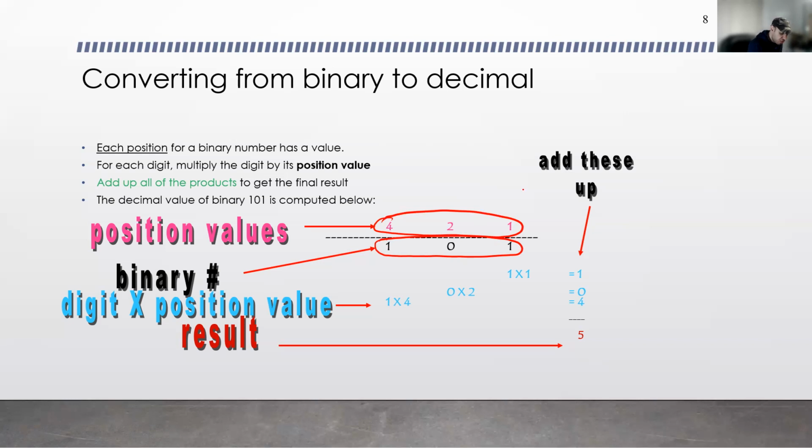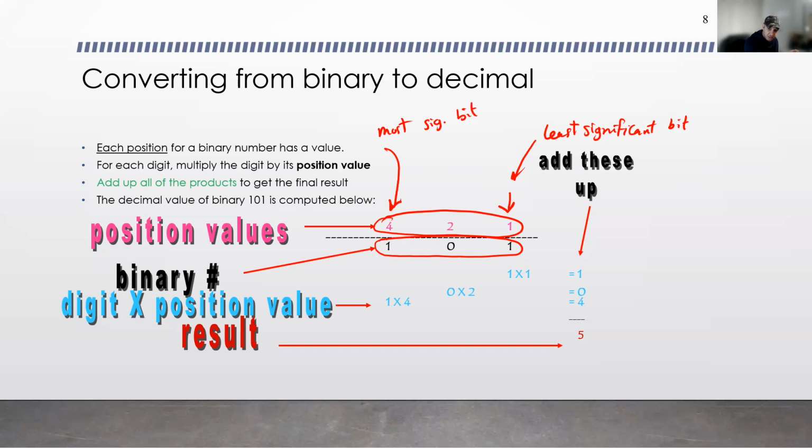Always start from the least significant bit, or digit. In binary, we usually call it bit, but you can call it digit, to the most significant bit.